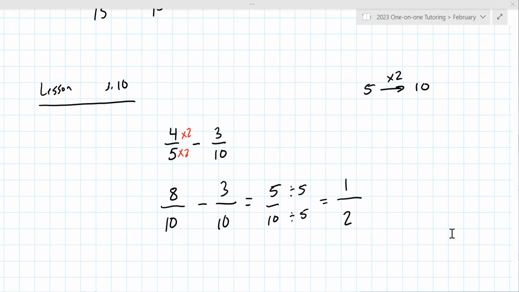I think we've already done this one, but might as well have you do it again. So let's do 3/4 minus 2/3. Could you try this one on your own, please? Do I have to multiply them both by the bottom?